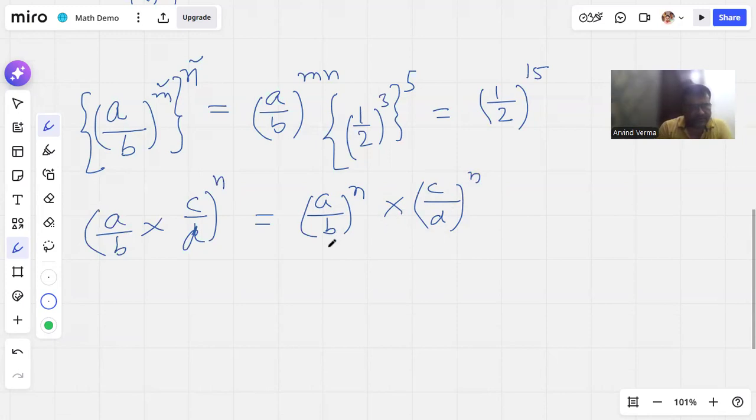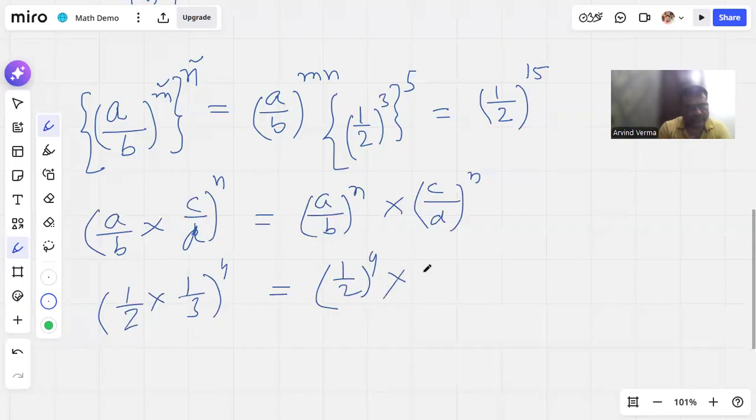Let's take an example: 1 upon 2 into 1 upon 3 raised to the power, let's say 4. Then it will be 1 upon 2 raised to the power 4 into 1 upon 3 raised to the power 4.